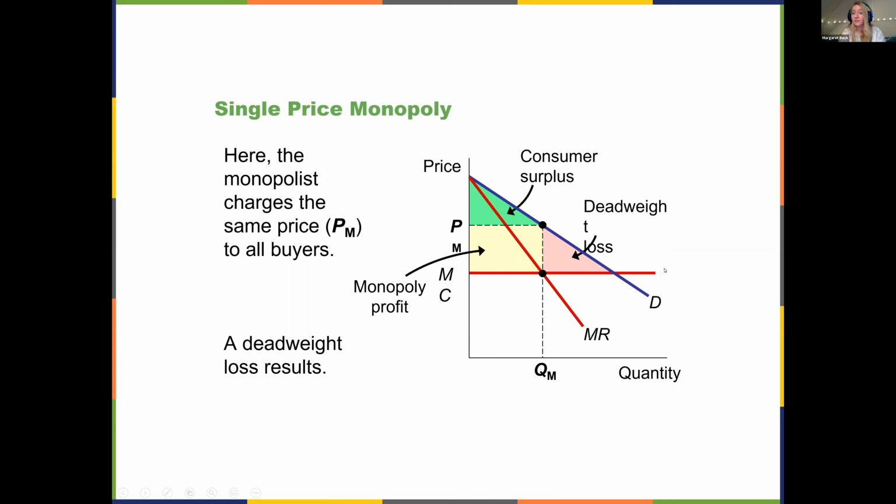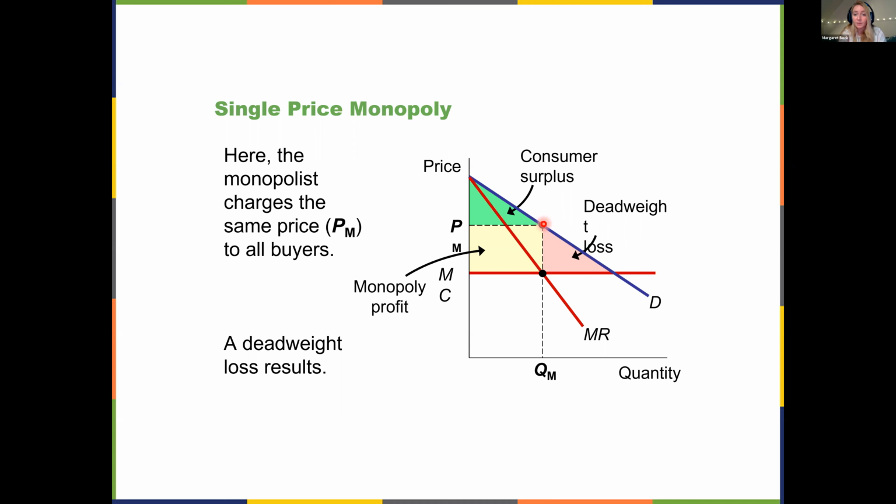And like we discussed a couple slides ago, this triangle here represents the deadweight loss to society. If the monopolist is only able to charge one price for everyone, then these people on this part of the demand curve that would have liked to have bought the product under perfect competition can no longer see any reason to buy the product.